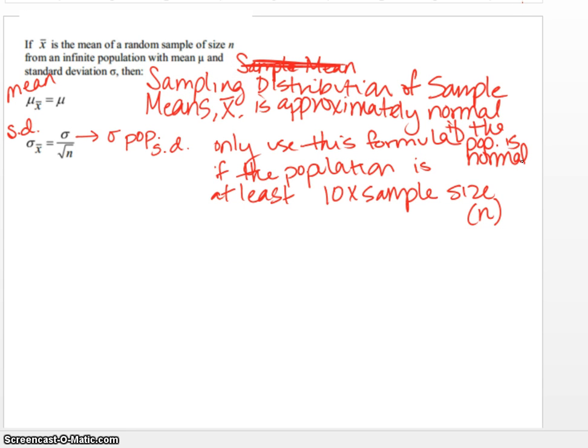Okay, and we're going to add to that. But today we're just going to say we can always find the mean, we can always find the standard deviation as long as the population is 10 times the sample size. Those two things together make an approximately normal distribution only if the population is normal.